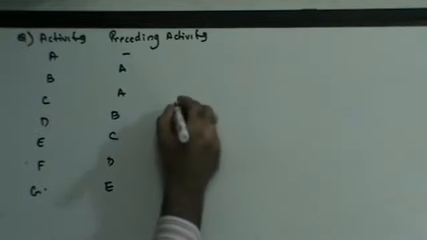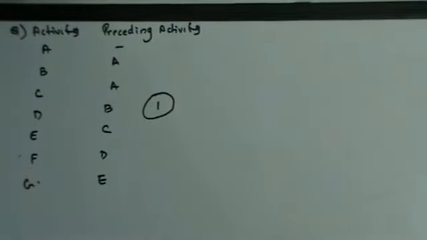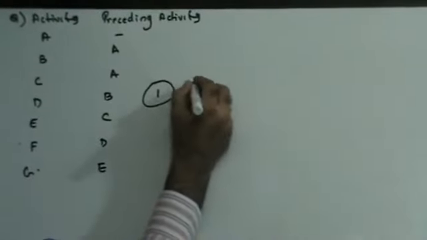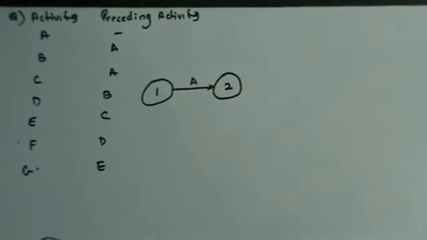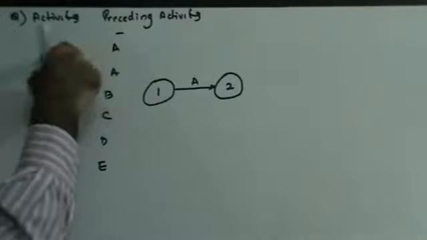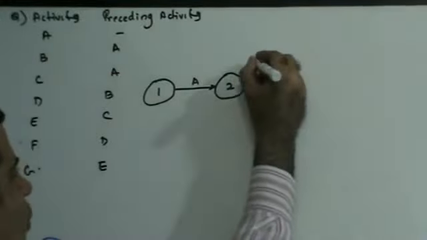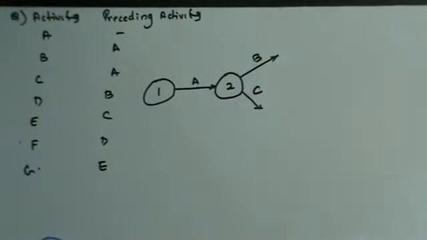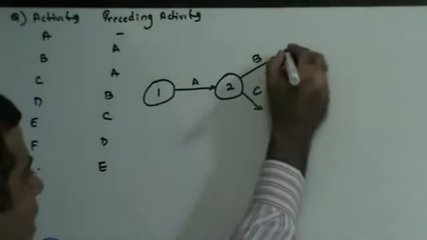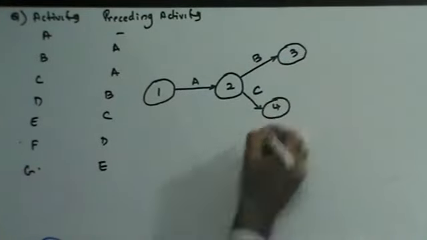So I'll draw the diagram for this here. This is event 1 that gives activity A, event 2. After A there's going to be B and there's also C. So from A there's going to be activity B and activity C, giving 3 and 4.